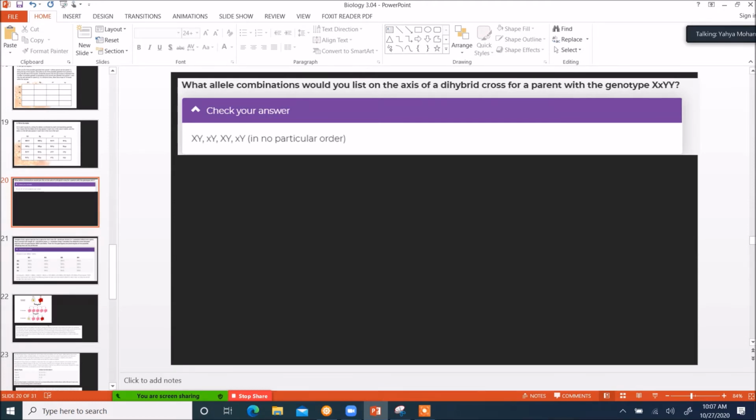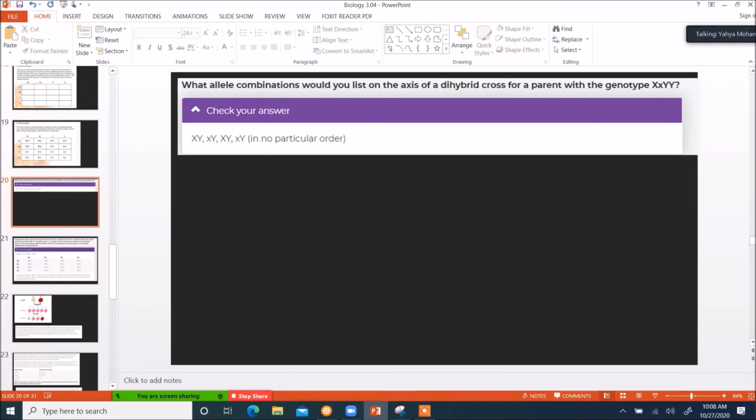Can that parent give both capital X and lowercase x into that gamete? Yes or no? When the parent produces a gamete, can the parent give both of these X's into the gamete? No. So it can only pick one.